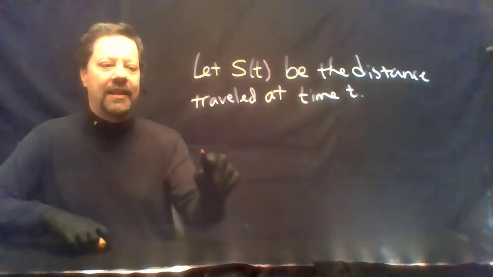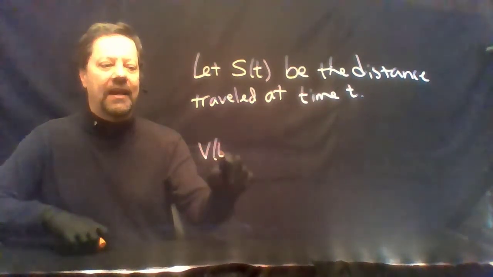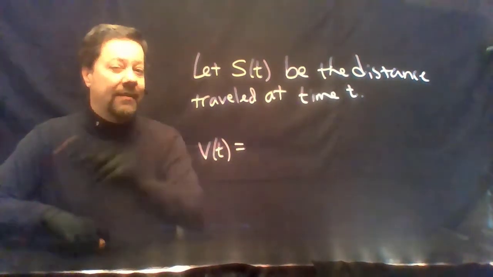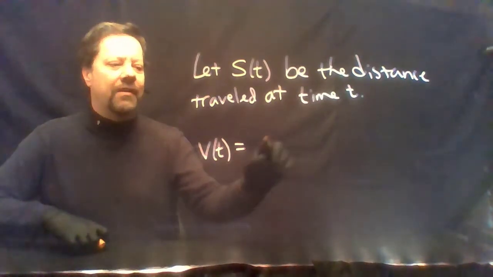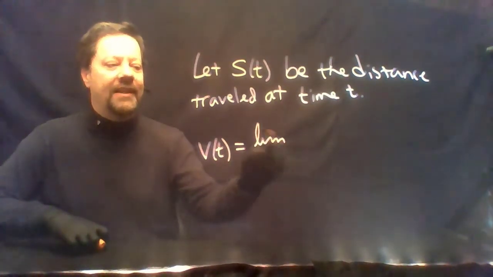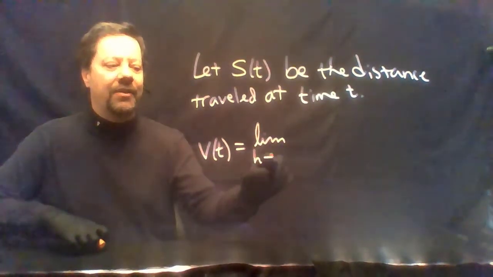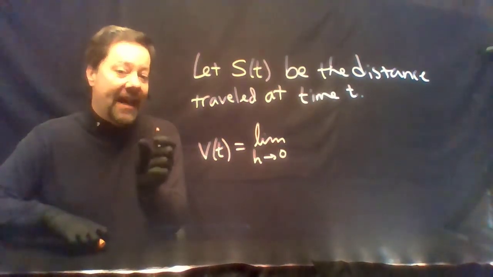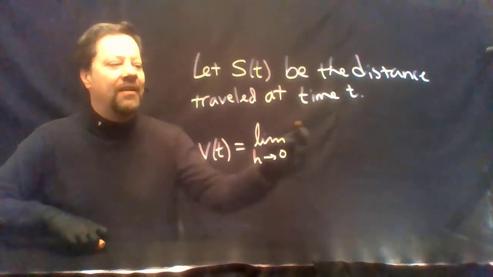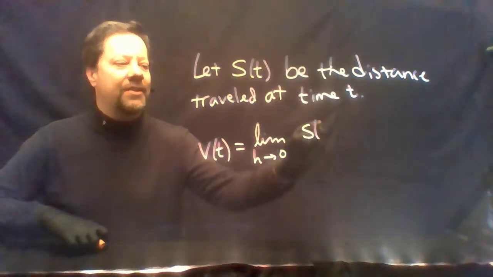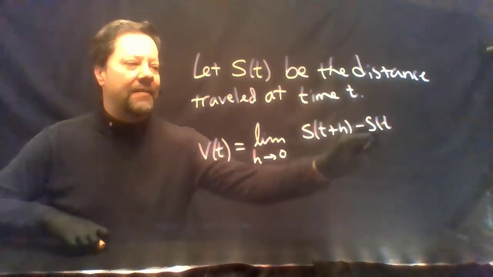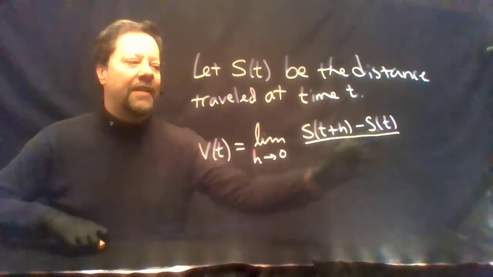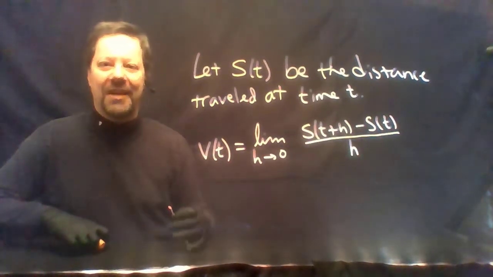You can see then that the velocity at time t can be evaluated in the following way. First of all, I'll have to take a limit as h, the time gap, goes to 0. What I'll do is I'll take the position at time t plus h and subtract the position at time t, divided by h units of time that have elapsed.